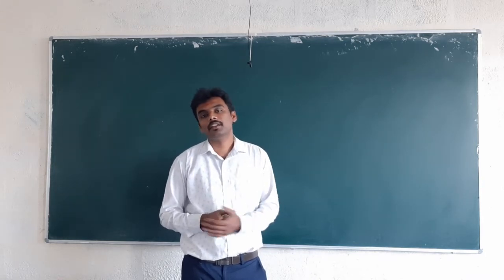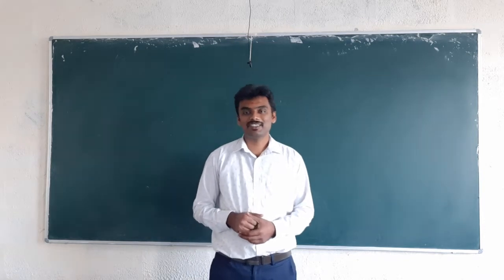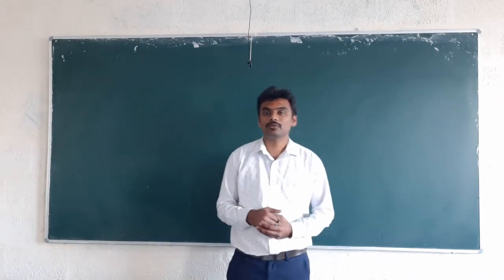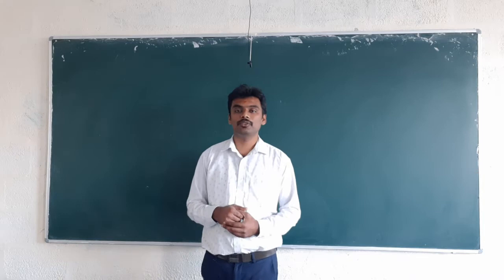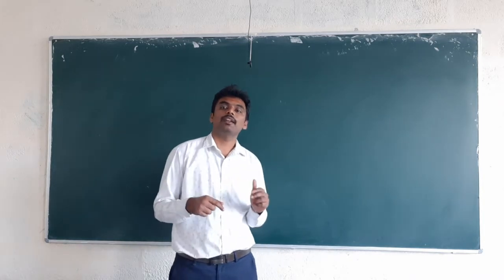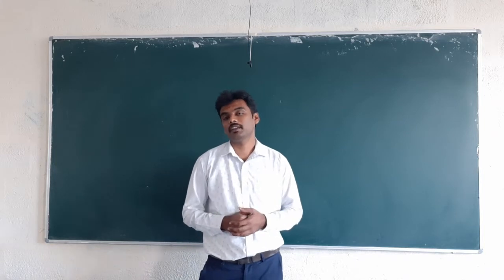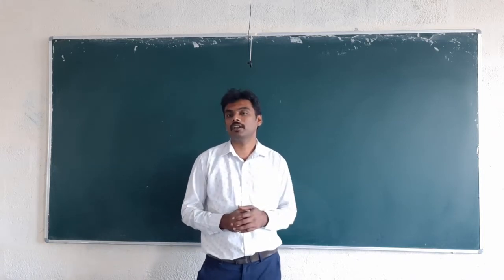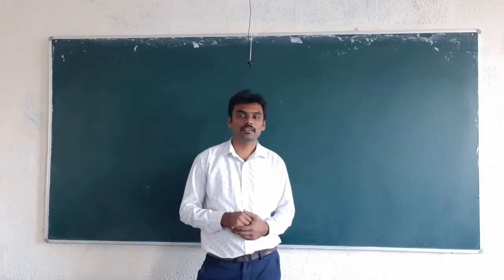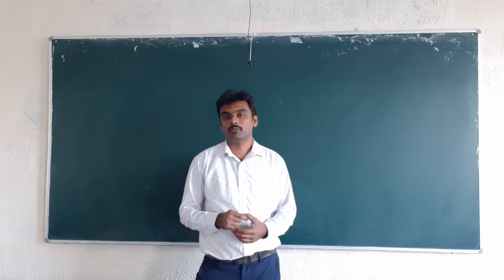And the next one is average displacement, which is S is equal to v plus u by 2 into t, right? Average velocity into time. So that is about the last session.